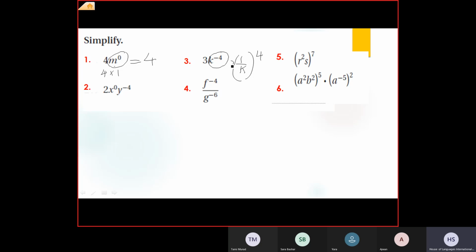And don't forget the 3. Here, if you remember the distribution, how can I distribute 4 in the numerator and the denominator? 1 to the power 4. Any number 1 raised to any number is 1.